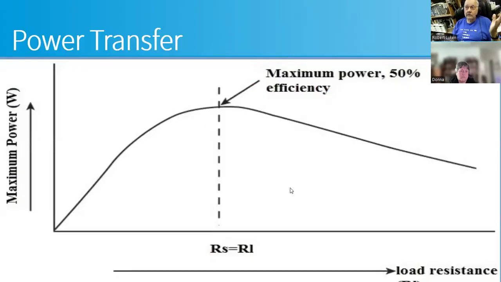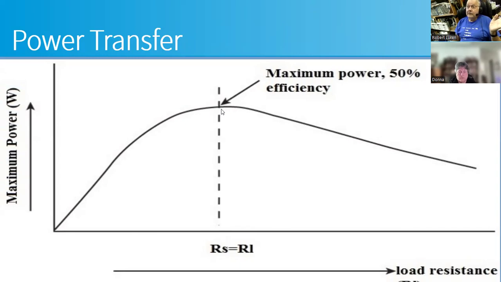Any questions on those? Just remember there's three ways. When I said we want maximum power efficiency, if I plot source resistance and load resistance, at the point where they're equal is where I'm going to have my maximum power.